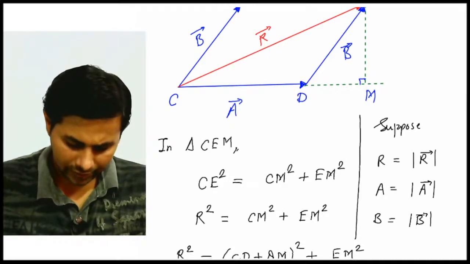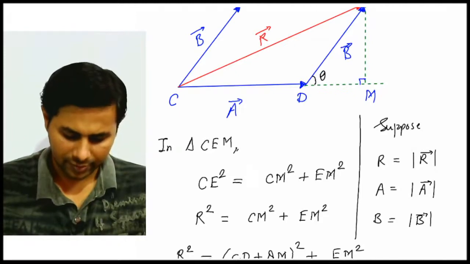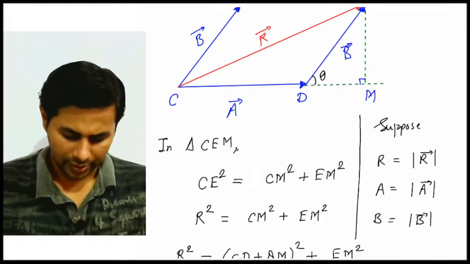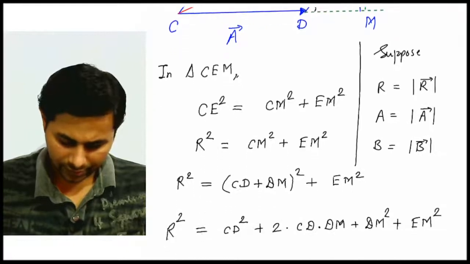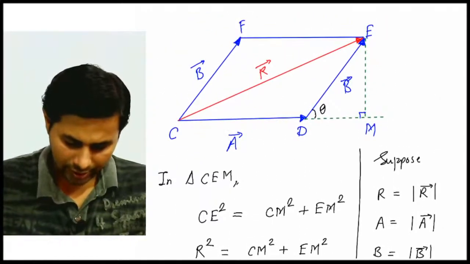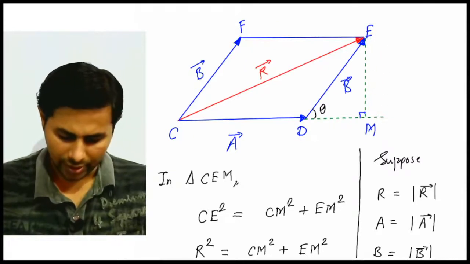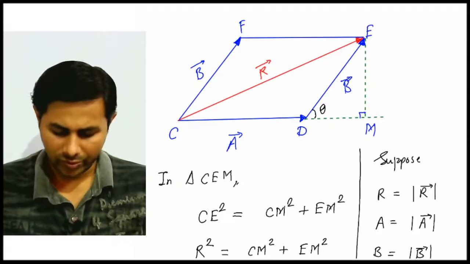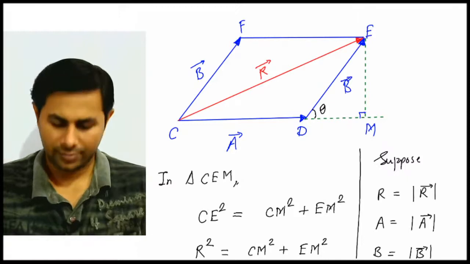Now suppose this angle is theta. So in this triangle DME, what will be sine theta and cos theta?